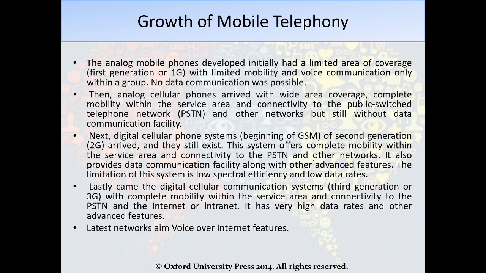But there were limitations as far as internet service, with low data rates and spectral efficiency being a limitation. Then the third generation came in, where you started to have much faster internet services, higher data rates, and good capacity. Then it went on to voice over internet with very high data rates.